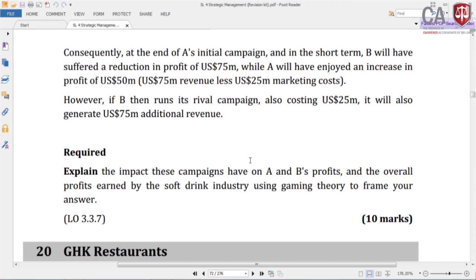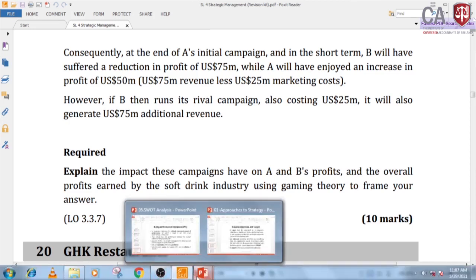This question tests your knowledge in relation to game theory. So, under strategy formulation, you learn about game theory. You should have an understanding of what game theory is to answer this particular question.